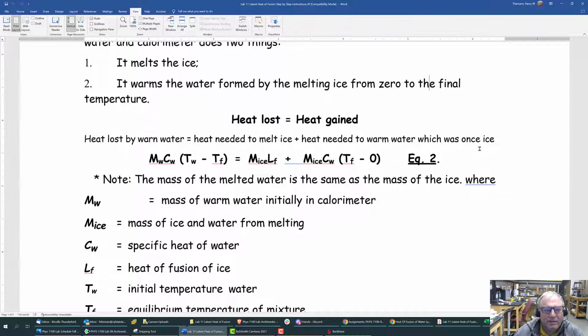It may sound a little strange, but there's the water that's in the cup, and it loses heat. The ice gains some of the heat, but also, since the ice is melting, some of it goes from 0 to the final temperature of the water.